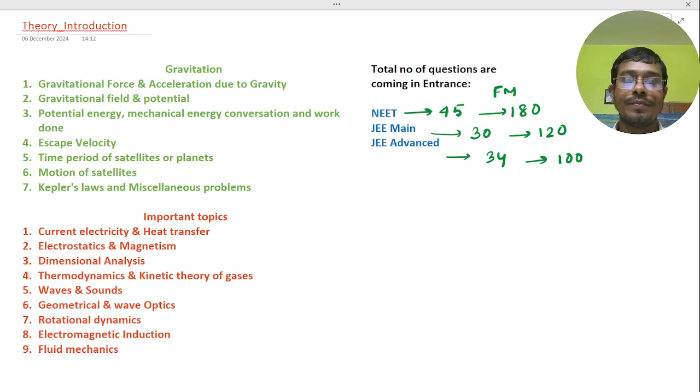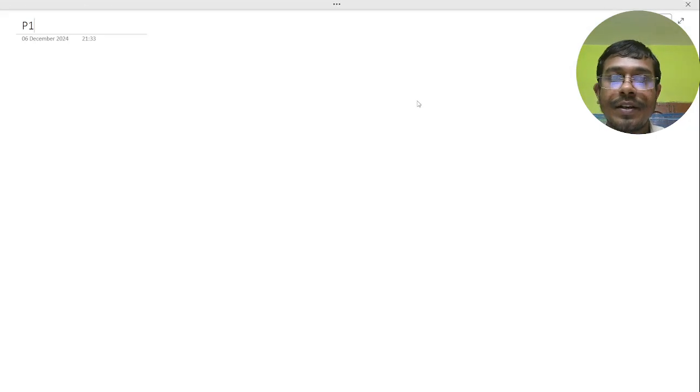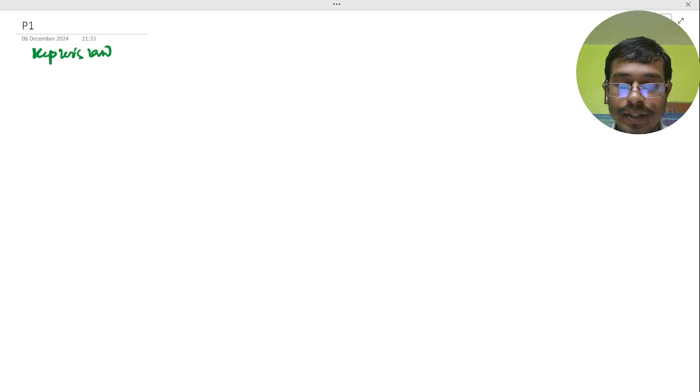First of all we discuss the important topics, first of all Kepler's law. Kepler's first law is the law of orbits, and the second law is the law of equal areas.